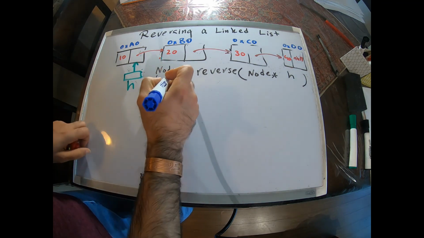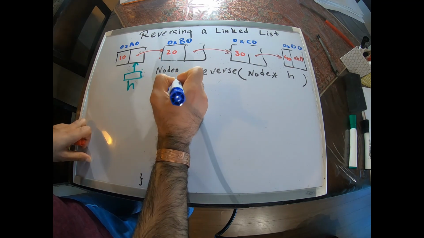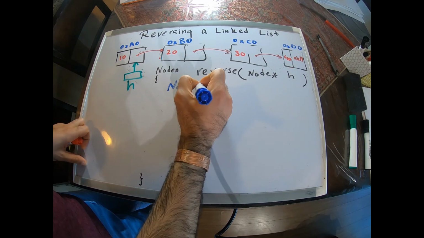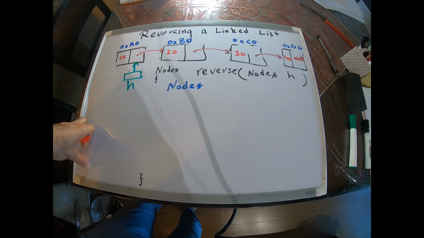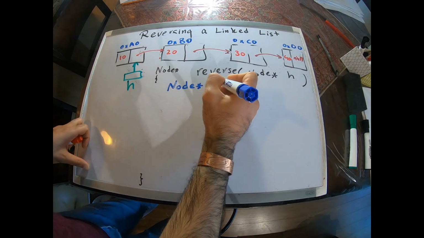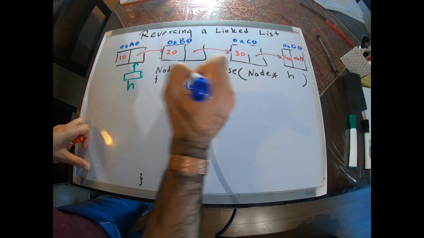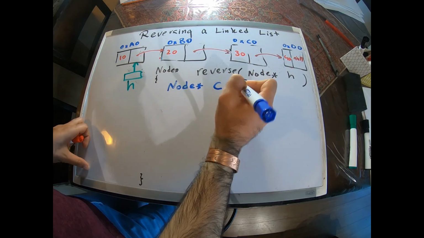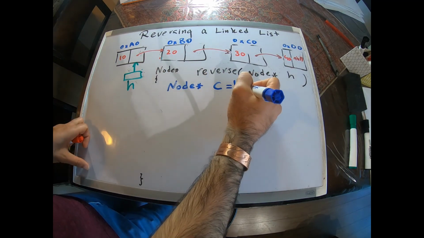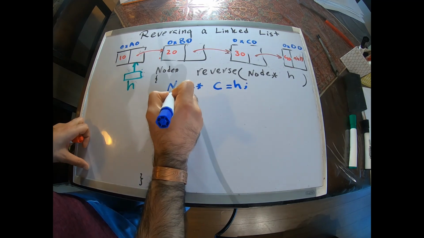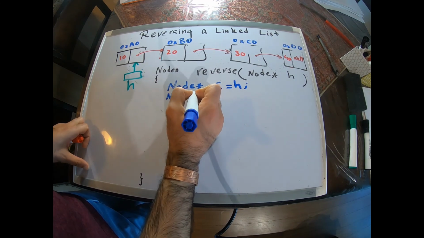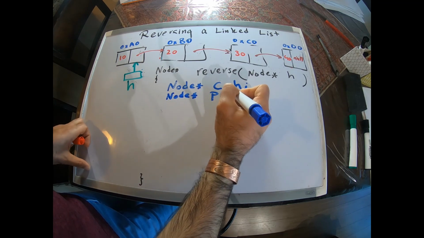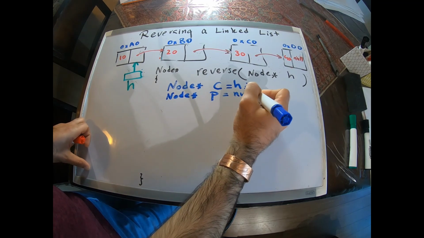So what I'm gonna do, I'm gonna write three pointers. Let's first call this one current, and I'm gonna initialize it with head. I'm gonna have another one, let's call this one previous, and I'm gonna initialize this with null.